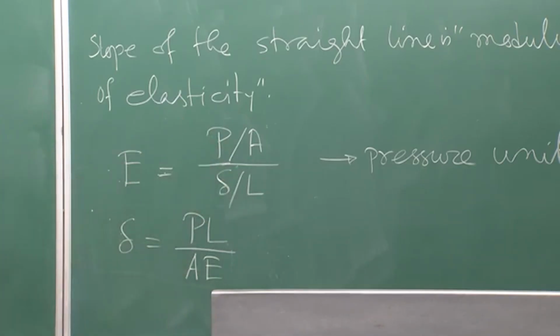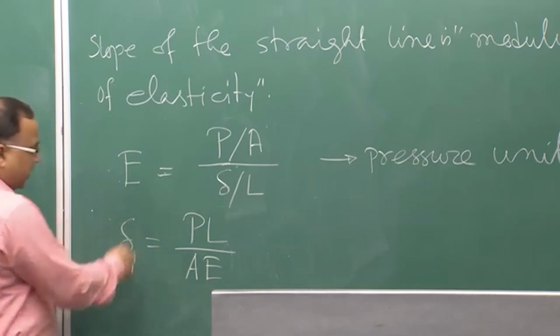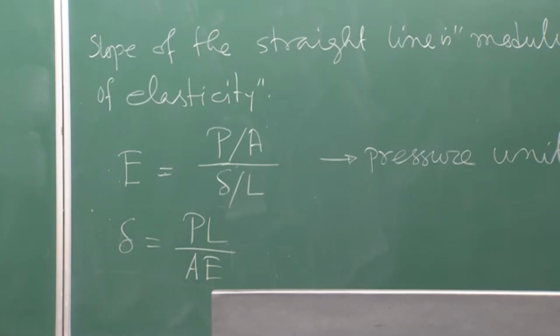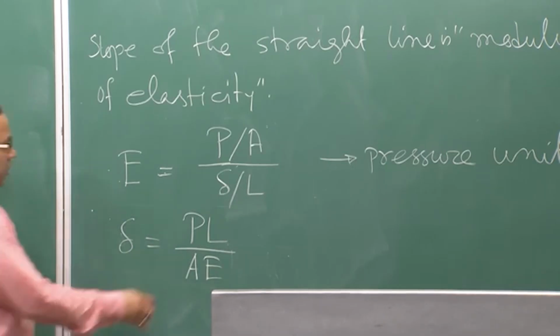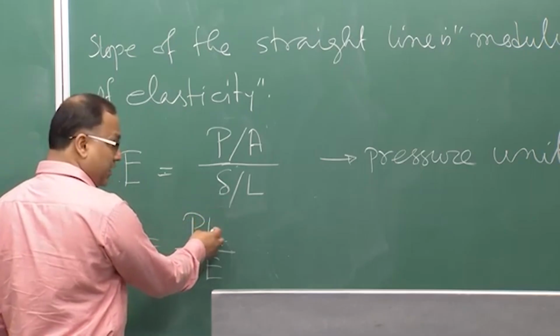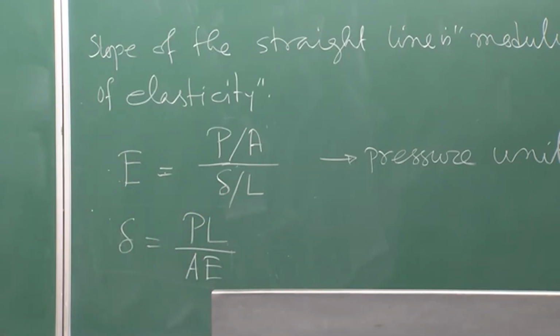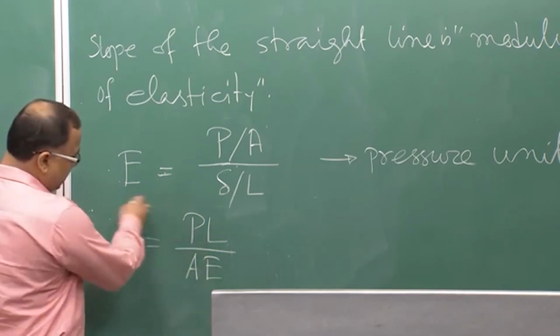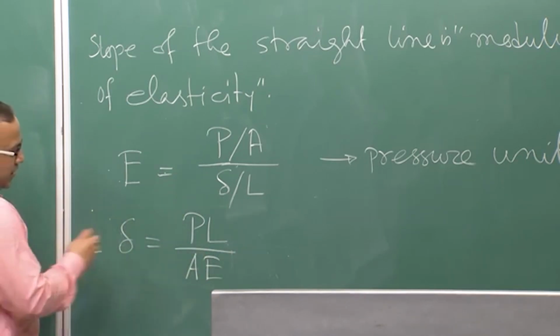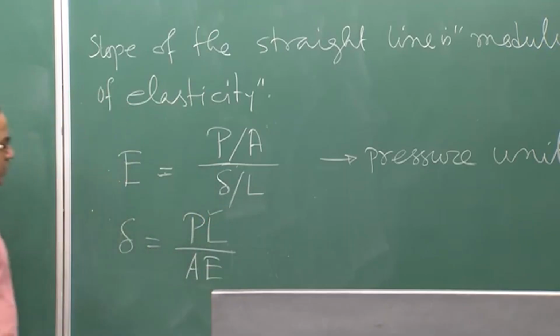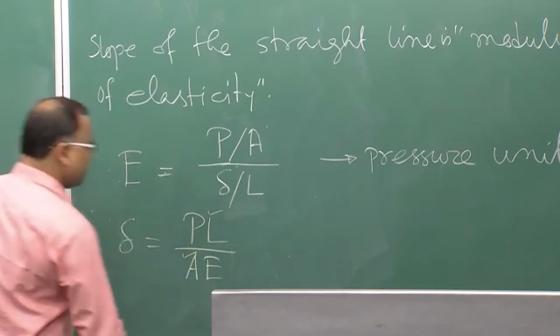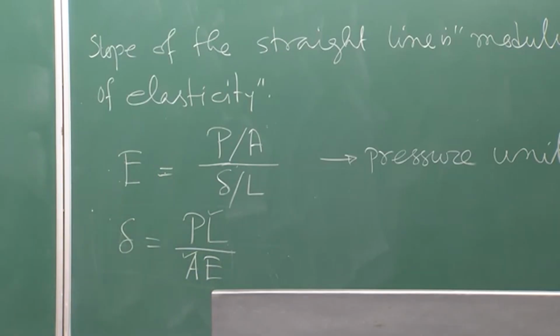From this expression I can simply write that delta, the deformation, is equal to P into L divided by A into E. Here L and A are geometric properties of the member, that is the length and the cross sectional area.